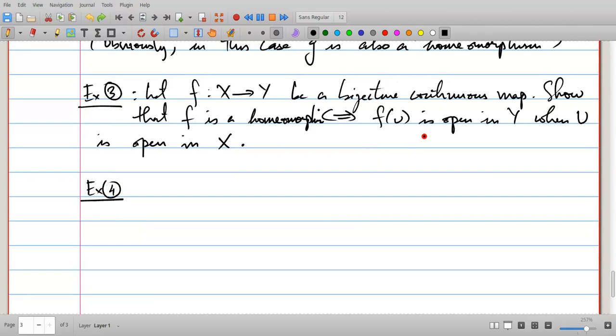And the final exercise. Using the previous exercise, you can easily do this last one. Let X and Y be topological spaces.